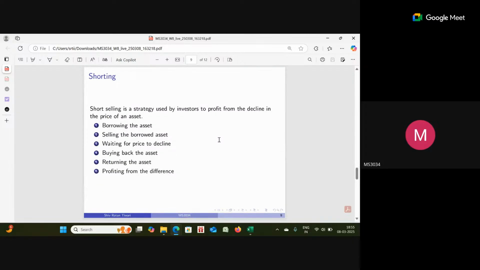Okay, now as I mentioned, I will be discussing a little bit about short selling. So what do we mean by short selling? Short selling is a strategy in which investors profit from a decline in price. Let's suppose you do your analysis and you find that ITC shares price is going to go down.